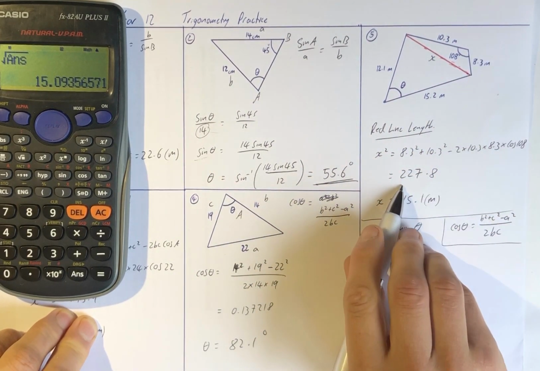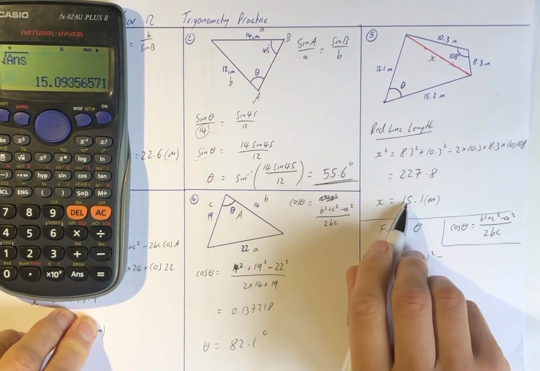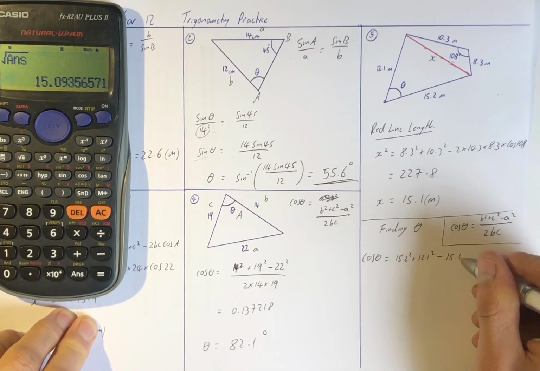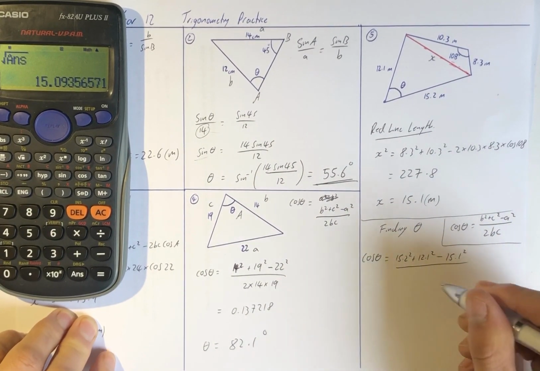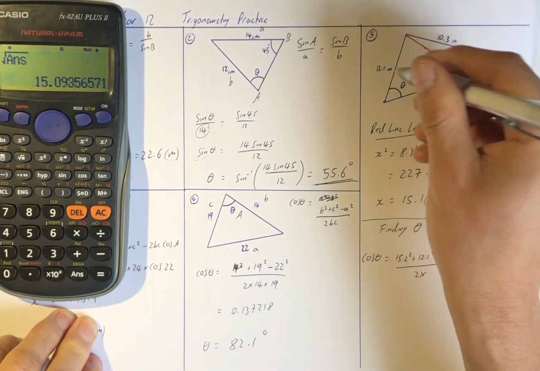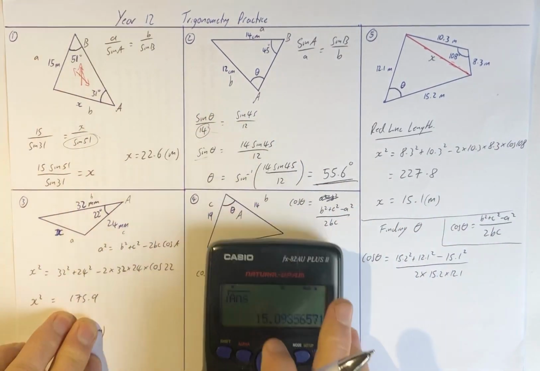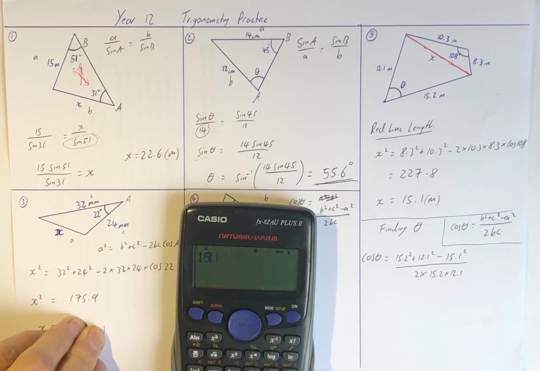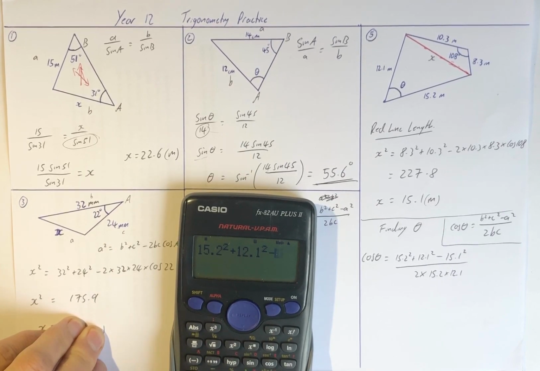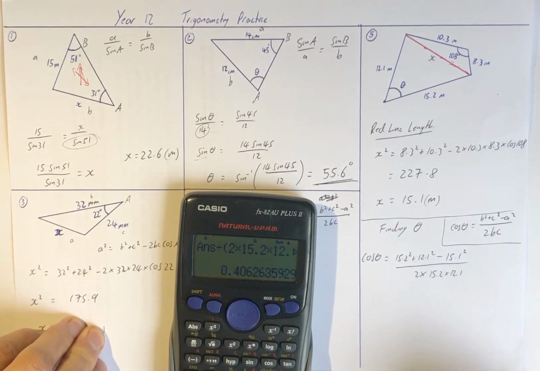So minus 227.8 actually, isn't it? But we'll go minus 15.1 squared all over 2 times b times c. Put that in our calculator. What do we get? 15.2 squared plus 12.1 squared minus 15.1 squared. That's on top. Now I divide that by 2 times 15.2 times 12.1, and I've got 0.406.